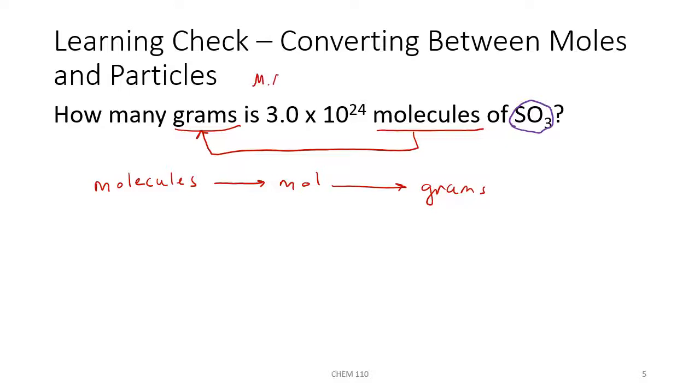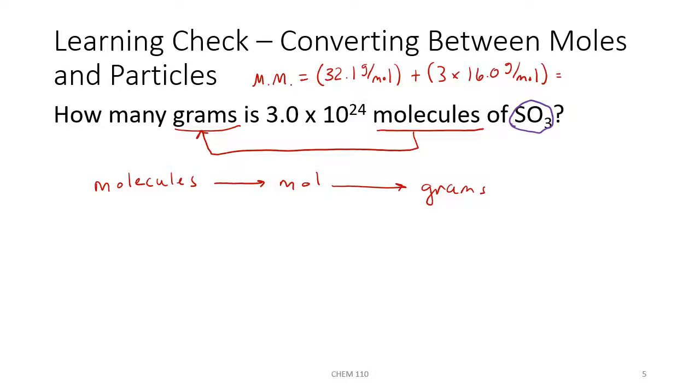We're going to need to calculate the molar mass of our compound, which will be equal to the atomic mass of 1 atom of sulfur, which is about 32.1 grams per mole, plus 3 times the atomic mass for oxygen, which is about 16 grams per mole.